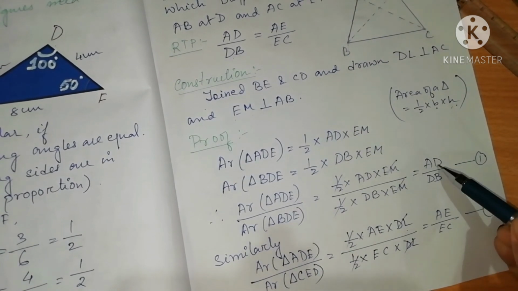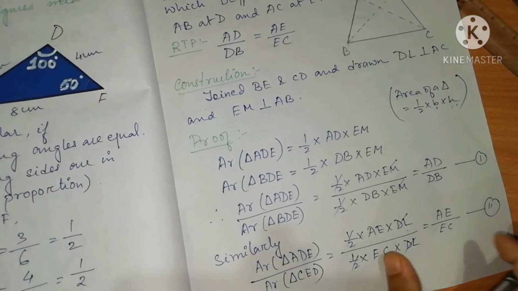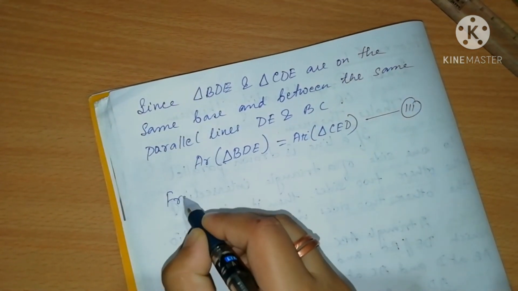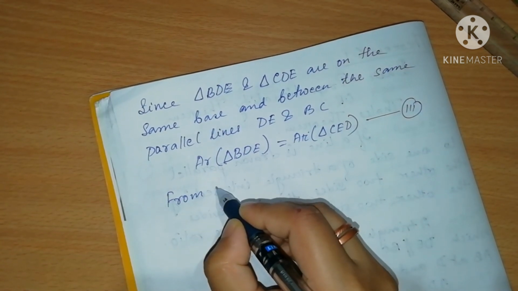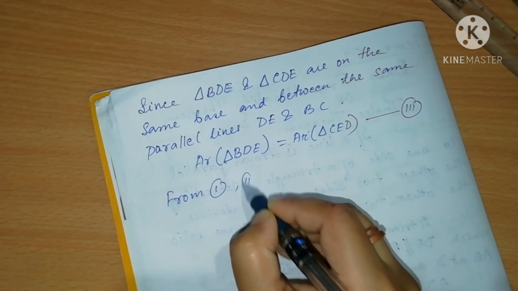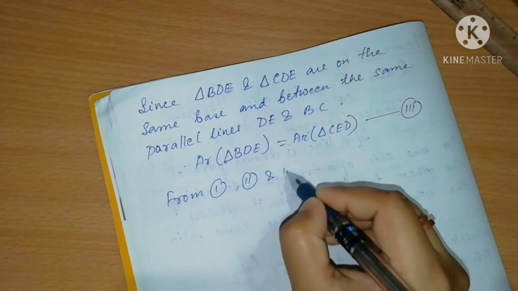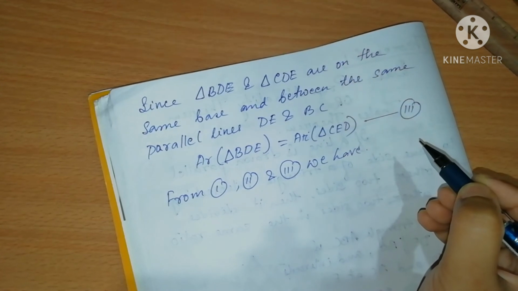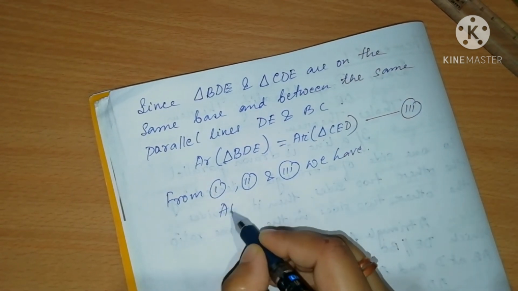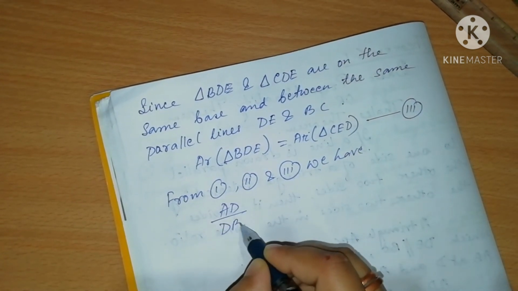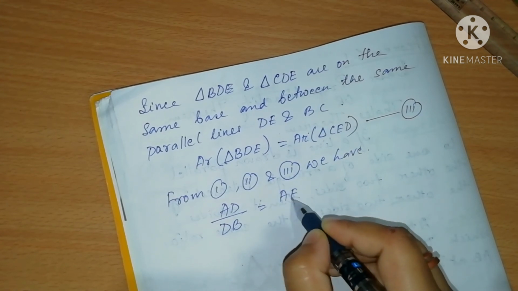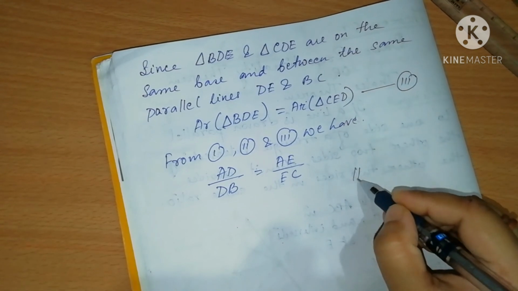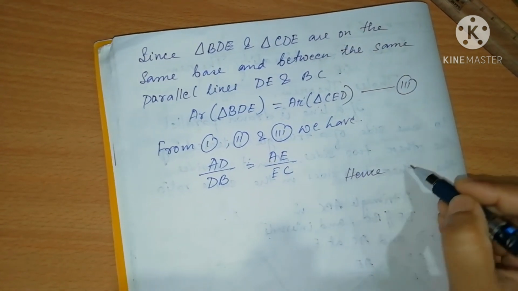So we can write that AD by DB equals AE by EC. Hence proved.